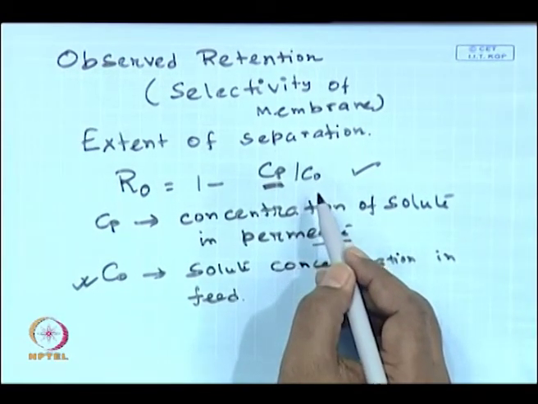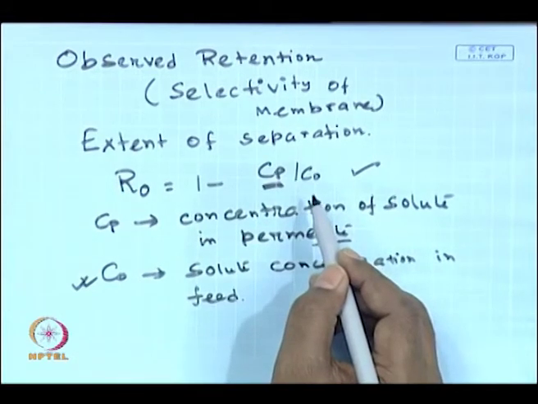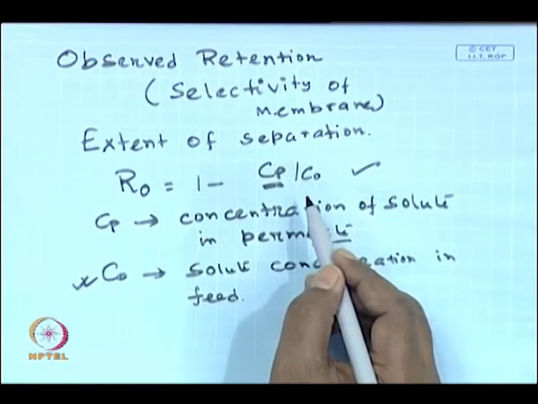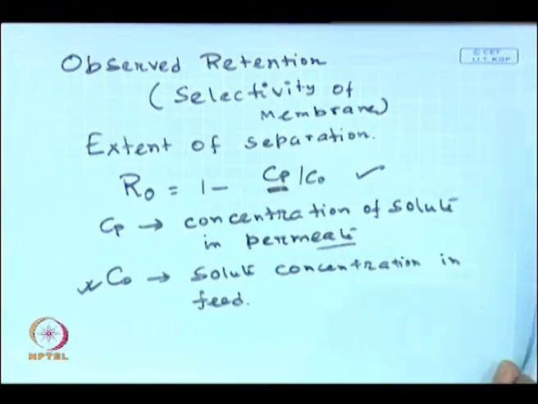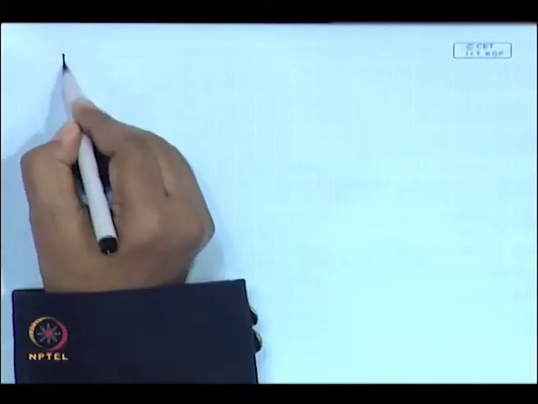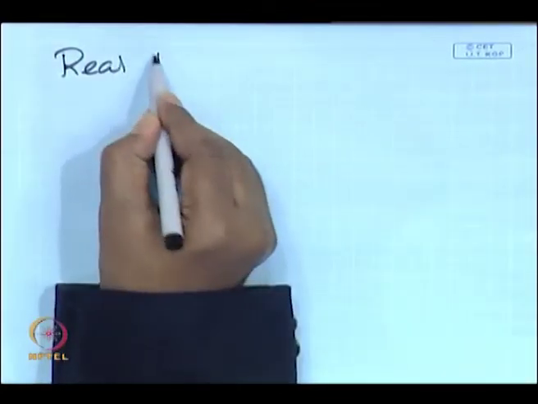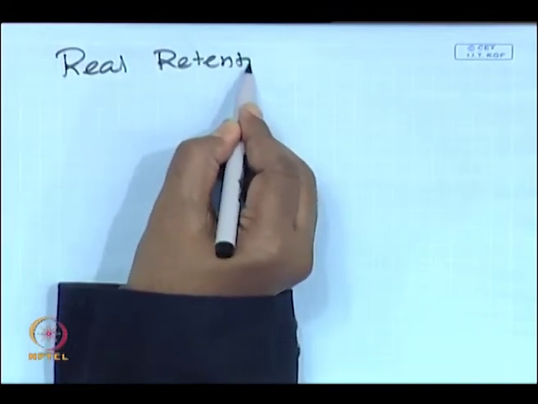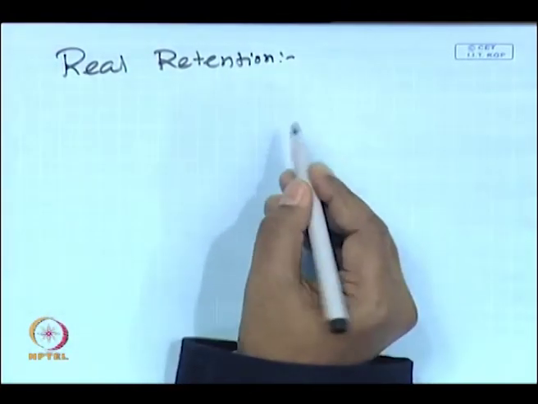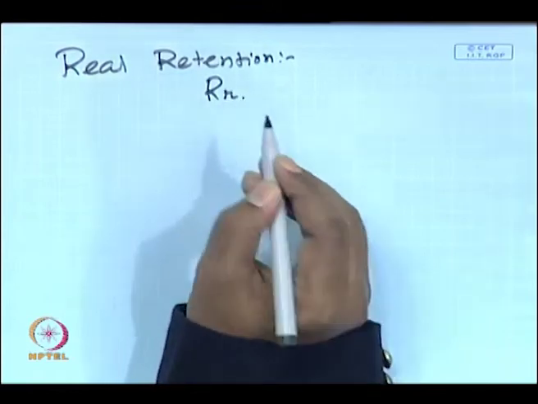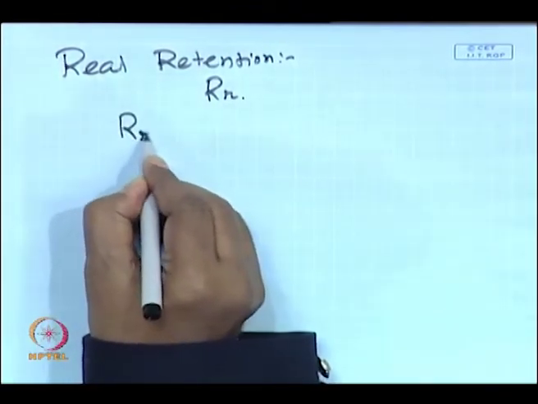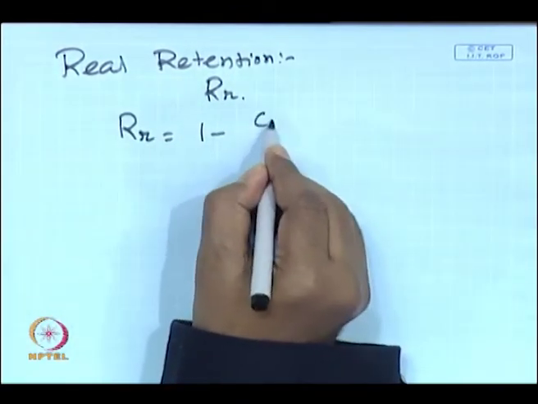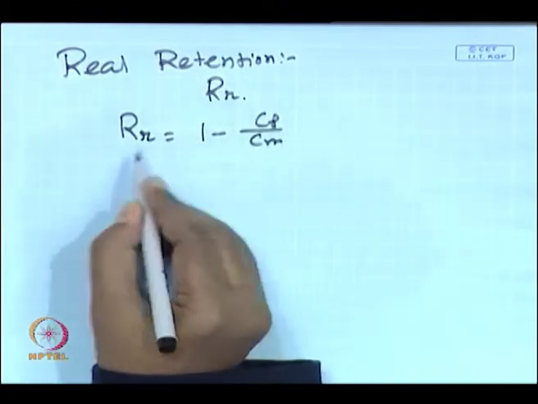So therefore, there exists another counterpart of observed retention, that is known as the real retention. And what is the difference between the observed retention and real retention? The definition of real retention is 1 minus Cp by Cm.